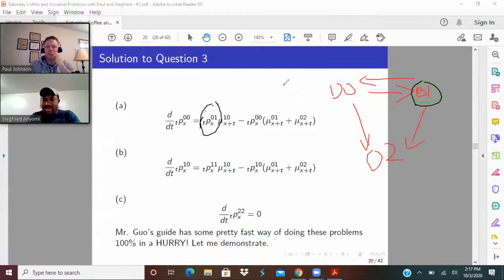Mu of 10, because mu of 10 is this one right here. You could consider that like the force of transition. So that's the only entry into P00 that we can see. All others are pretty much going out, and so that would take the minus portion.